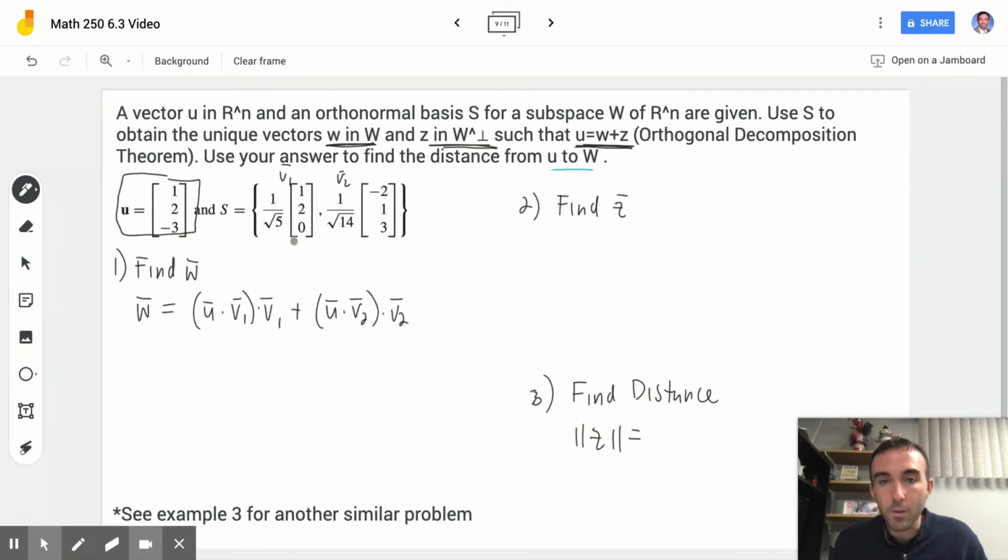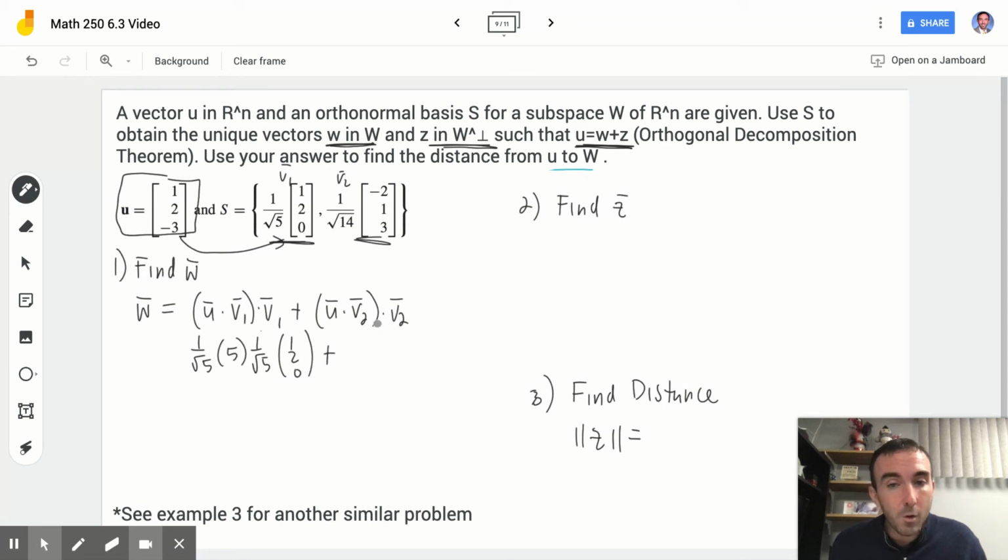And v1 and v2, by the way, are these two vectors in S. So first, if I do the dot product of u with v1, that is 1 over radical 5 times, and then I can multiply the components, 1 and 1, 2 and 2, negative 3 and 0. That just makes 5 as my dot product there. And then v1, I'm just recopying it. So lots of stuff going on here, but luckily it simplifies easily.